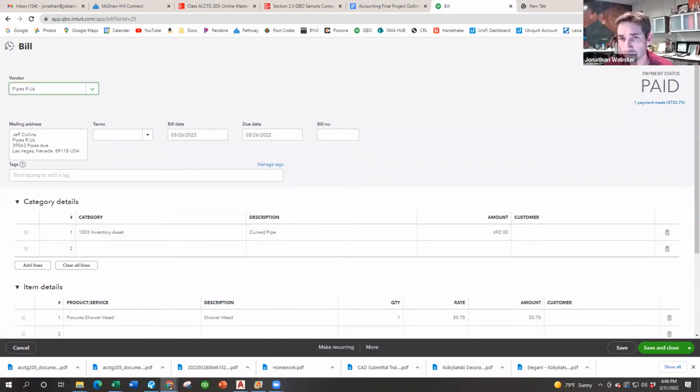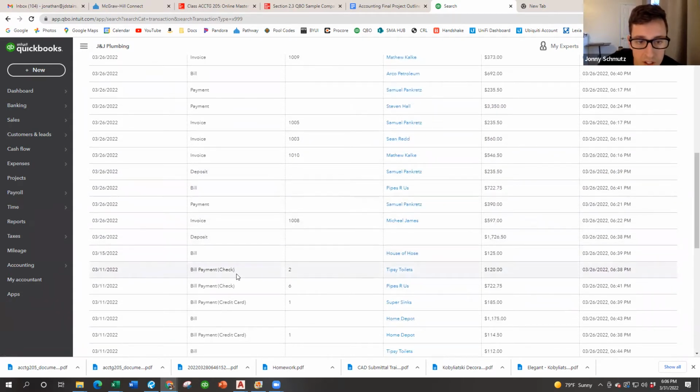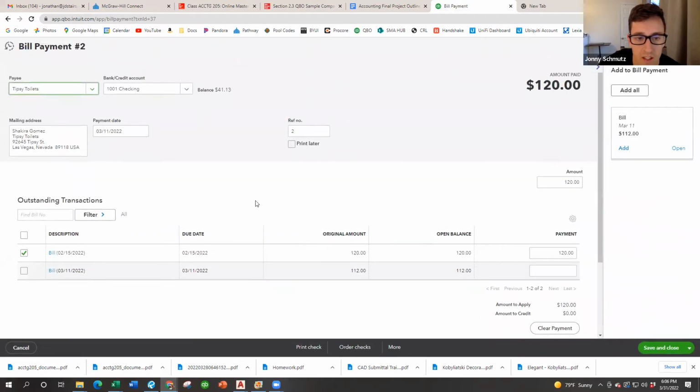Okay. And then if we go out there, we'll show you another transaction that we made with one of our suppliers over at Tipsy Toilets. There was a bill payment with a check that we made of $120, and you can see that the due date was on the 11th, and then you can see which item we'd paid for was the $120 on the 15th.